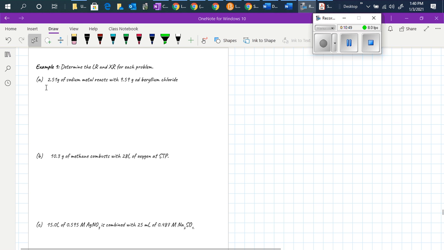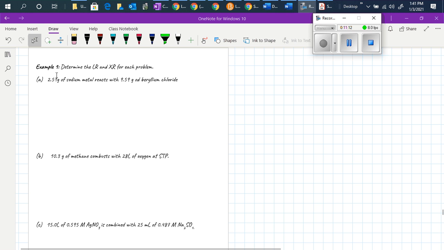Let's take a look now at those examples, and I will show you a different method that you can use to define the mass of a precipitate or the mass of the product, as well as which one is limiting and which one is excess reactant.